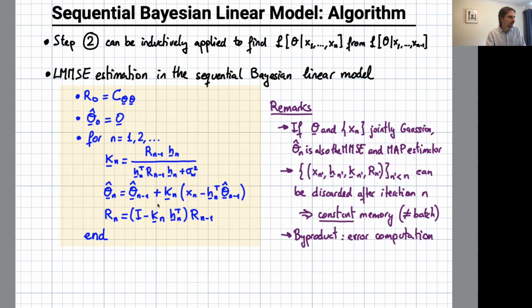And another interesting feature of this algorithm is that it assesses its own performance. So it not only gives us the estimates, but also the quality of those estimates, and there's no additional computation required. It's just a byproduct of this iteration.